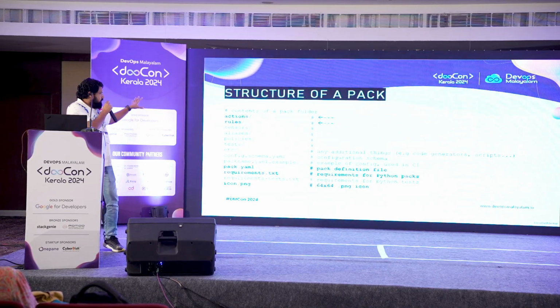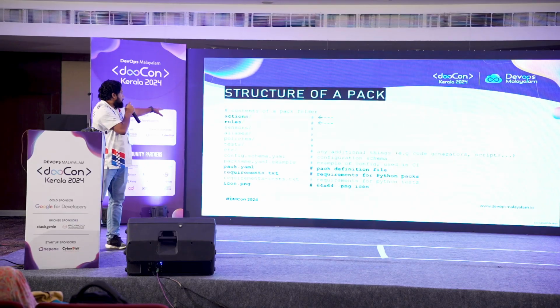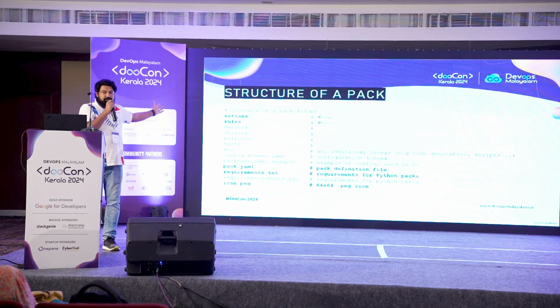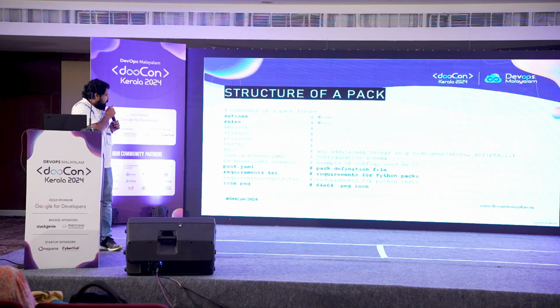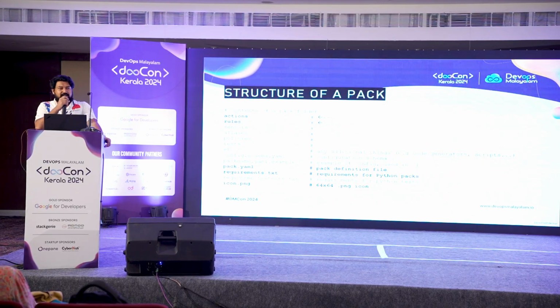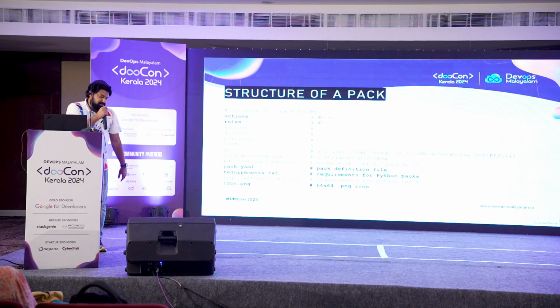I have used the same structure. I don't have anything else, just action, rules, pack, requirements, and icon.png. Those are the few things I have. And this requirements.txt, you know where this requirements.txt comes in? Anyone familiar with this file? Yeah, Python.